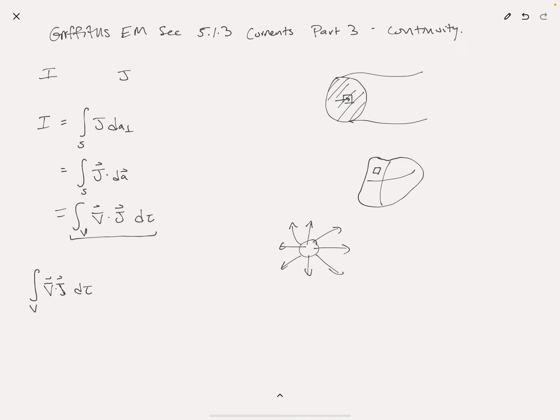So in the end, this region of space will have less charge than the other places. So if I have a non-zero divergence of my current, that means that my total charge in my region of space, which can be calculated by integrating over the charge density, is changing in time.